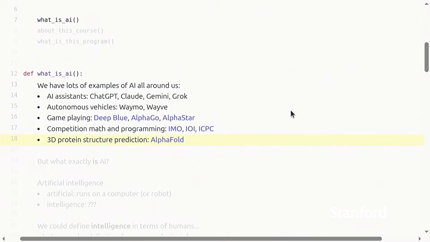So these are examples, but what exactly is AI? If we break it down, AI, in case you didn't know, stands for artificial intelligence. There's an artificial part, which is straightforward. It means we're building something that runs on a computer or a robot. And the intelligence thing is a little bit more nuanced.